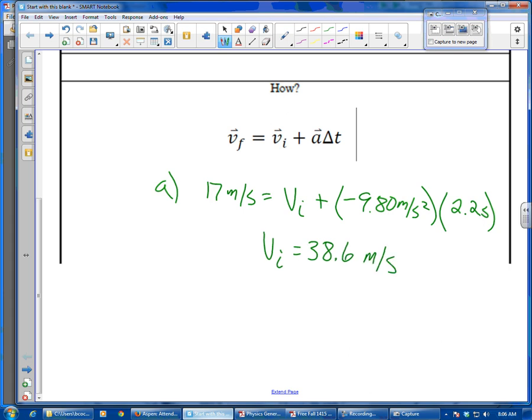And since it's positive, I know that that is upward. That makes sense to me. Yes, no? All right. Moving to part B.